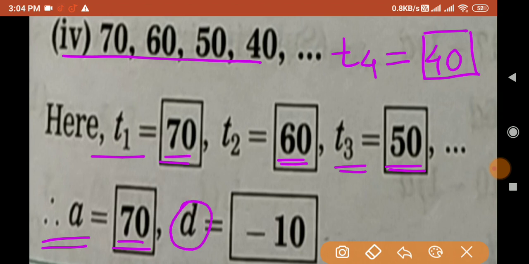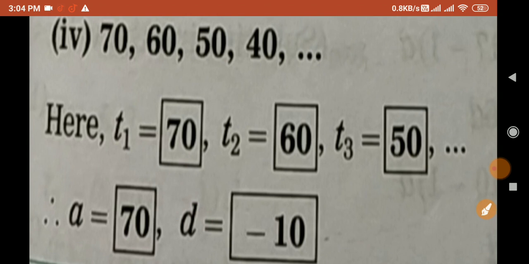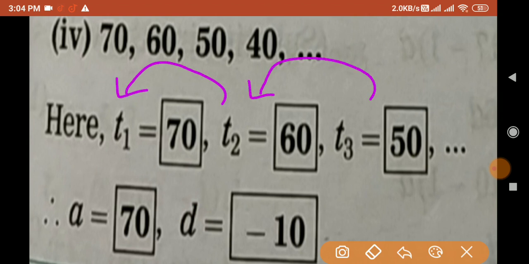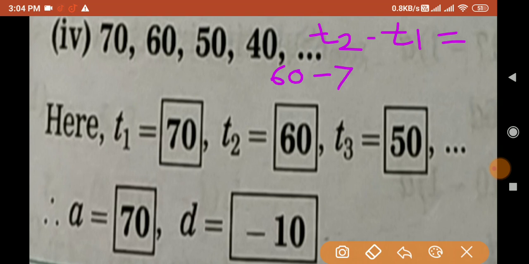Then we have to find the common difference D. How do we find the common difference D? By taking the difference between two consecutive terms. That means T2 minus T1, T3 minus T2. Then see here, T2 minus T1 means what? T2 minus T1, that means 60 minus 70.